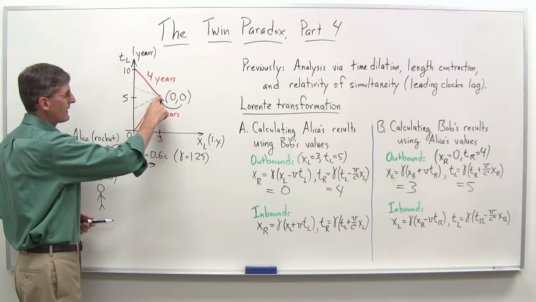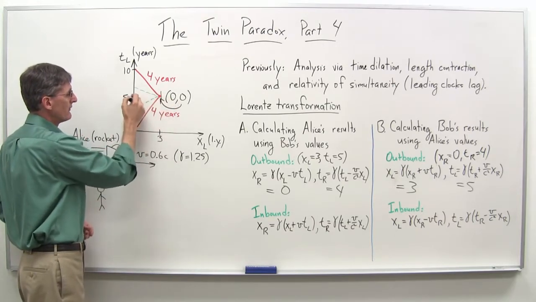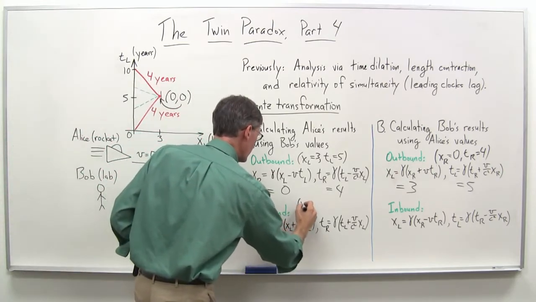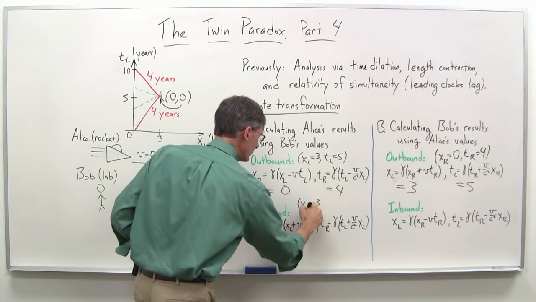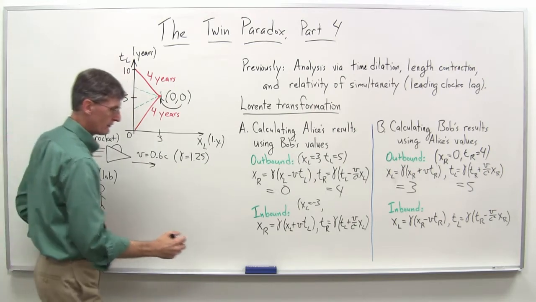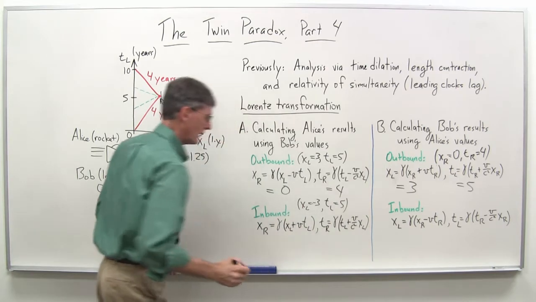that means xL is going to be negative 3. So this is now 0, count off negative 3 back to here, and so we can write xL equals negative 3 in there, and tL is the same. tL still goes up 5. So it's really xL equals negative 3, tL equals 5 years.